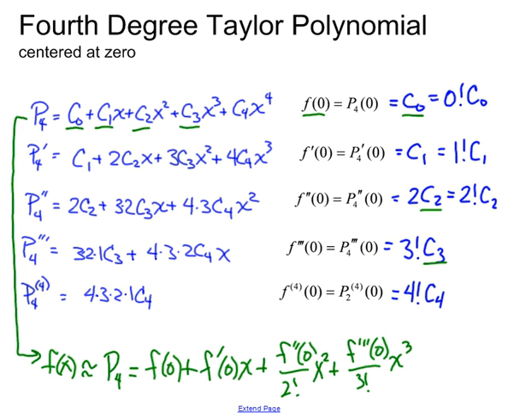And then our very last one, for c sub 4, we come down here and we see we'll have to divide by 4 factorial, plus the fourth derivative at 0 over 4 factorial times x to the fourth.